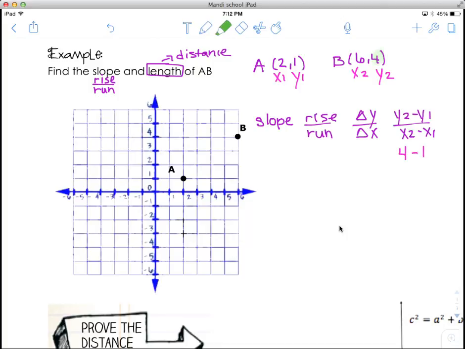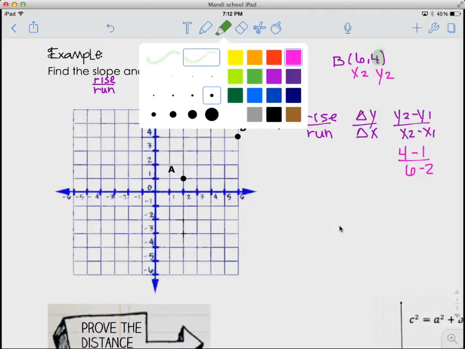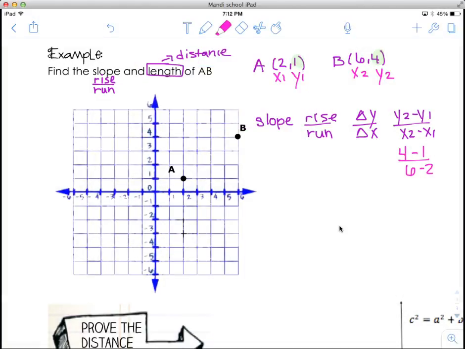So here was y2, here was y1, over x2 minus x1. Here is x2, here is x1. So that gives us a slope of 4 minus 1, which is 3, over 6 minus 2, which is 4. So that should be our slope.